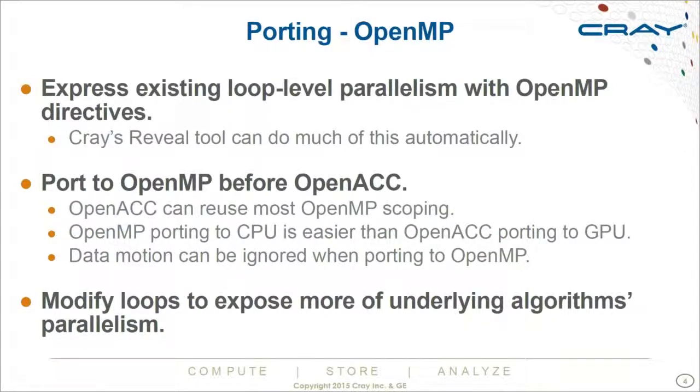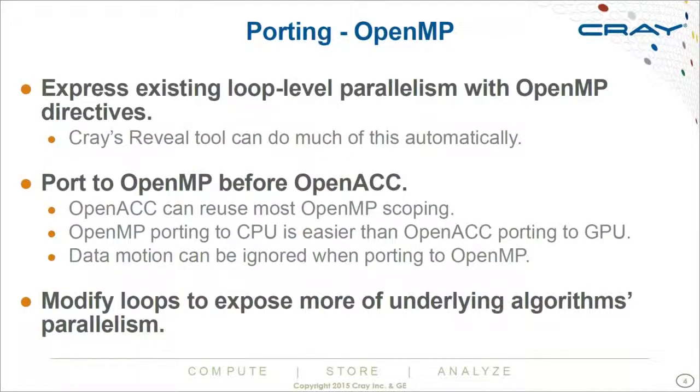And I really think that this should be done first before you port to OpenACC. The primary reason, I think, is because most of the scoping work that you do when you port to OpenMP can be reused when you're porting to OpenACC. So, things that are scoped private remain so. Things that are scoped first private remain so.